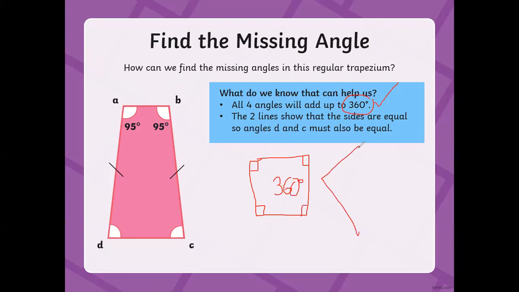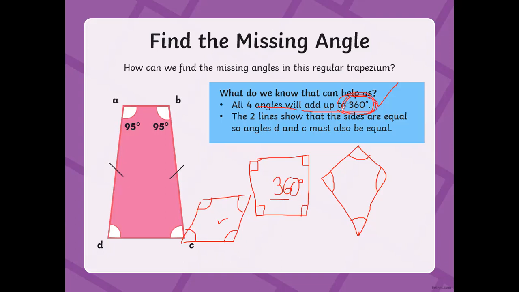If it's a kite, it's the same thing. It's still a quadrilateral. This plus this plus this plus this will give you 360. If it's a rhombus, same thing. This plus inside this angle plus this angle plus this angle is going to give you 360. The rule is all the angles add up to 360.